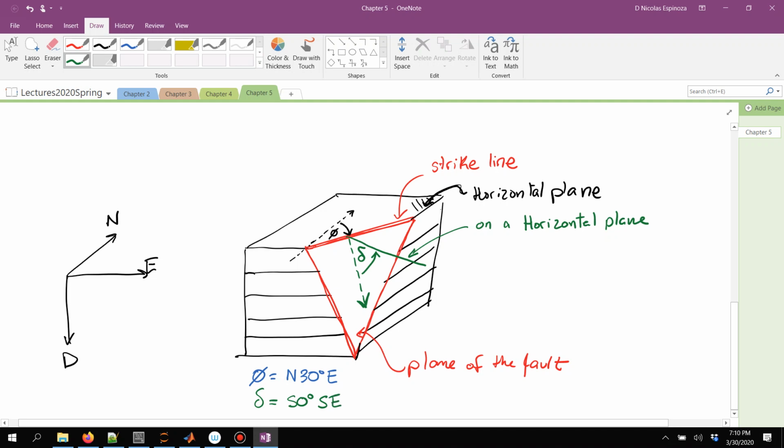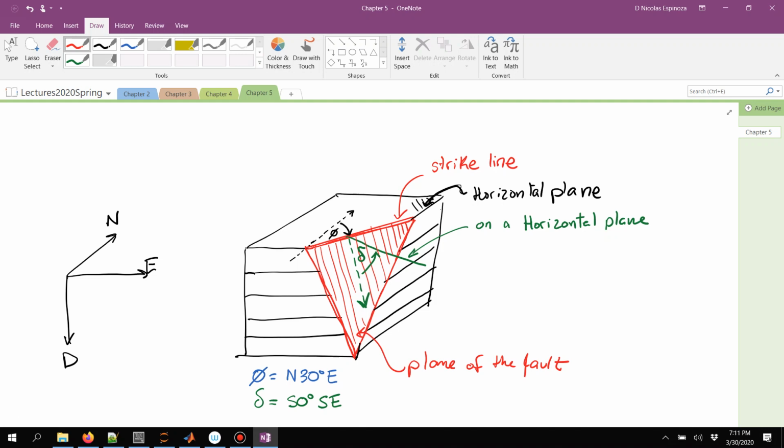So again, in summary, we're going to have two angles that characterize a fault or a fracture, and those are strike and dip, and those are going to characterize this fault plane and are going to tell us what its orientation is in 3 dimensions.